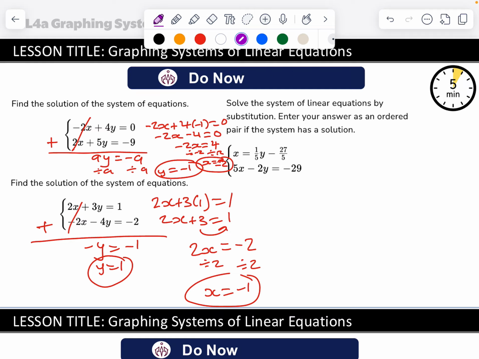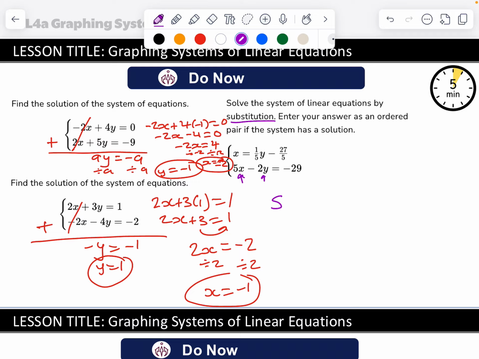Right, this last question over here, I want us to do it using a substitution method. Because we know what x is, we are going to substitute that into the y. So 5x minus 2, sorry, that was wrong. Never mind, we're going to substitute it into the x.